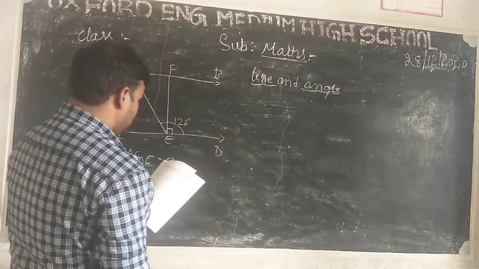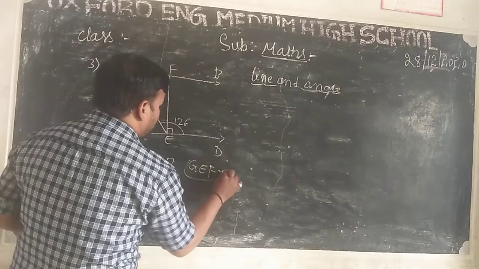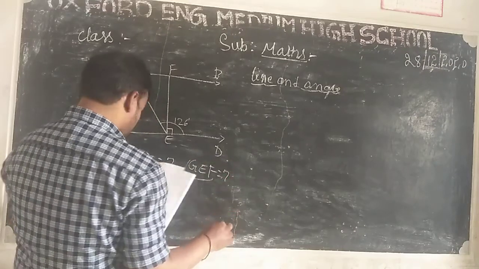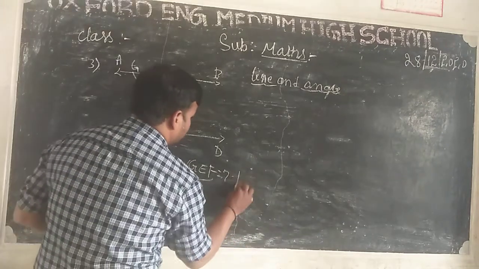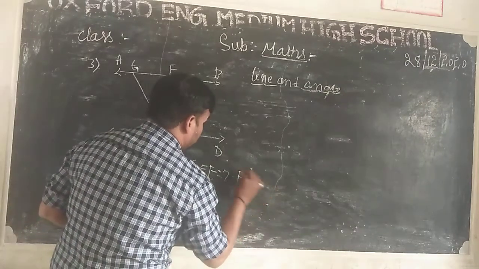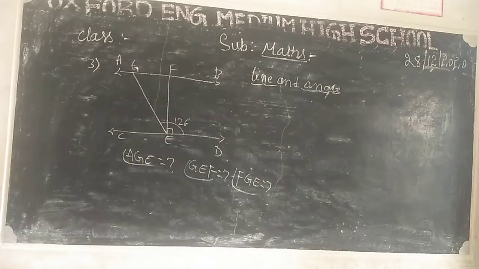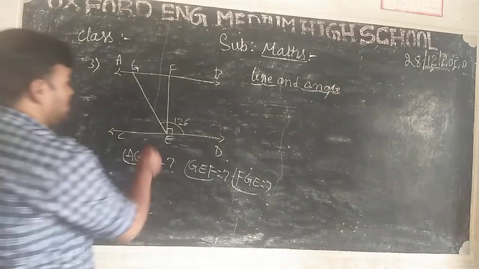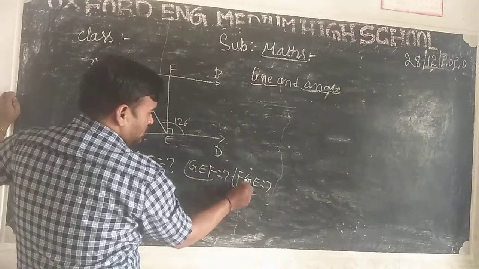Find AGE, GEF and FGE. We should find the 3 values. This one is GEF.